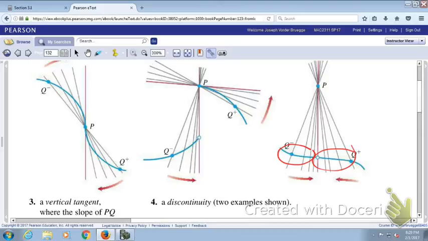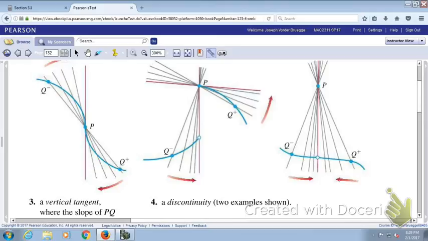So there are four things where a function is not differentiable. Four things: corners, cusps, vertical tangents, and discontinuity. If your original function has a corner, the derivative will not exist. If your original function has a cusp, the derivative will not exist at that point. If the original function has a vertical tangent line, the derivative will not exist at that point.